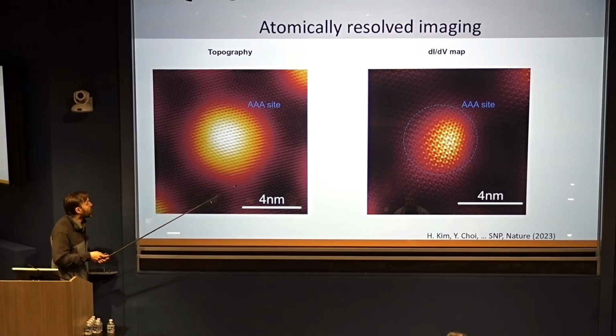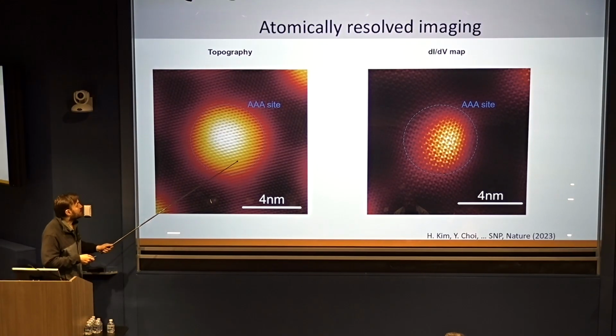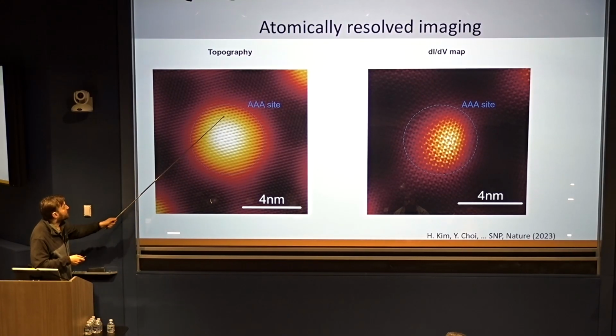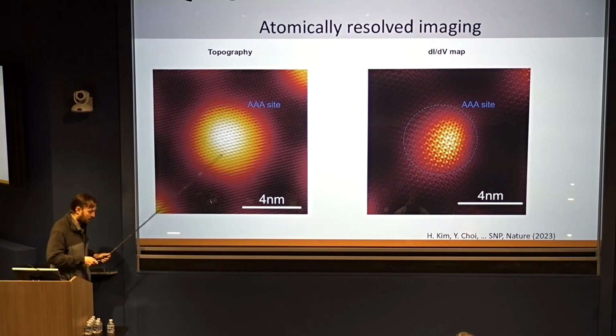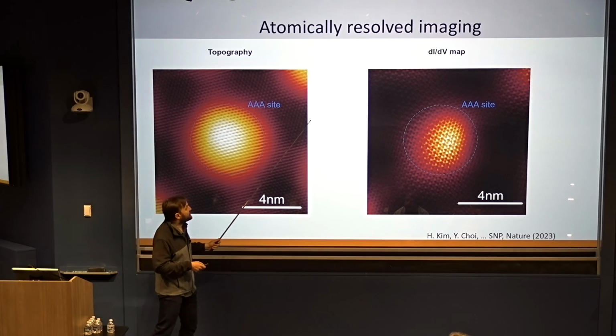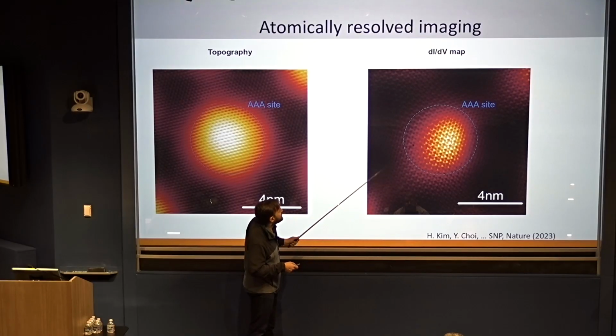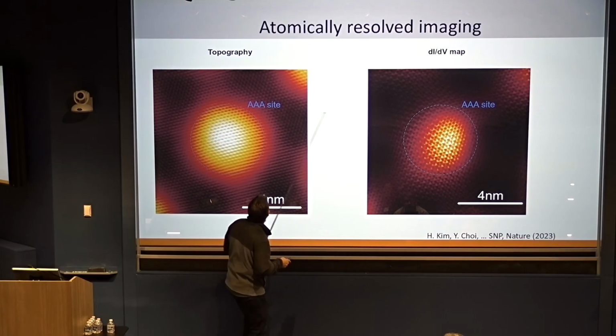So now we are focusing on a much smaller length scale, where you can see a topography of one of these, we call it AAA sites, the bright spots in this Moiré pattern. And if you look at the specific energy, you can see some kind of atomic structure.